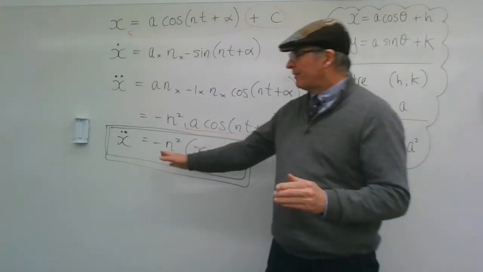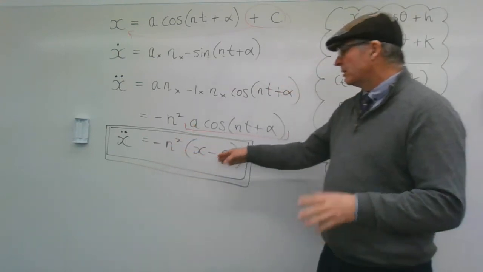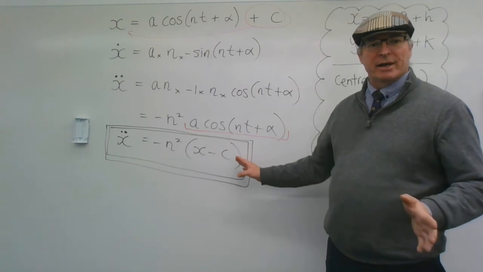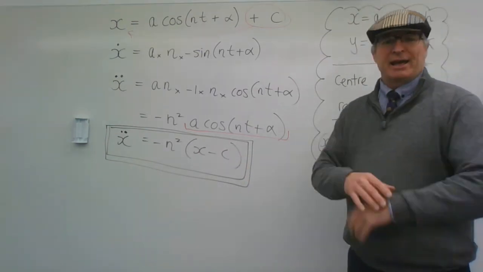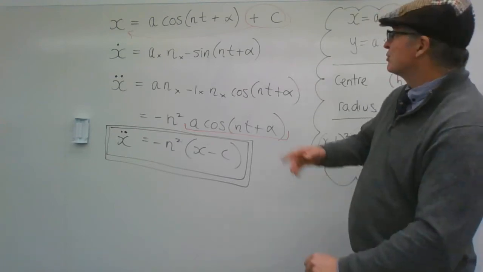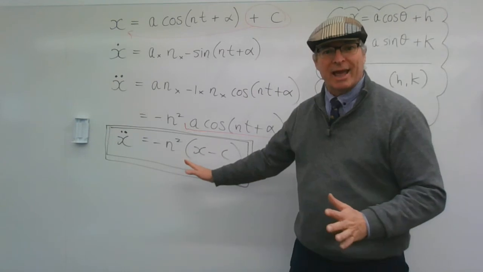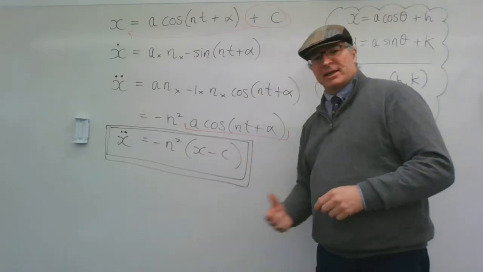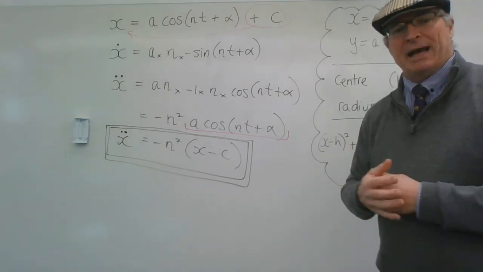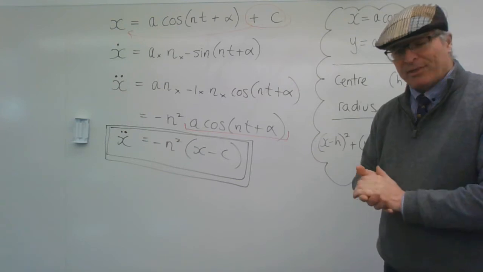If you can show that the acceleration is minus n squared times x minus c, then you've shown that it's in simple harmonic motion. Now, the simple versions of simple harmonic motion won't have a plus c at the end. So this will just be minus n squared x. But it's actually x minus c to take into account it's having a center of oscillation other than the origin.